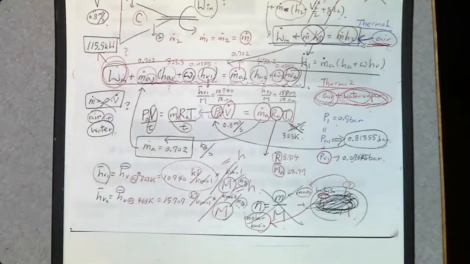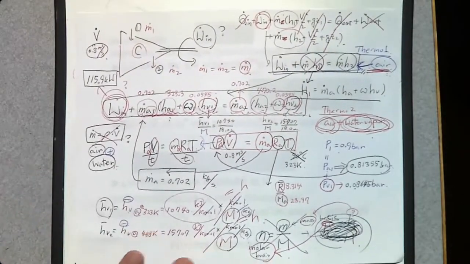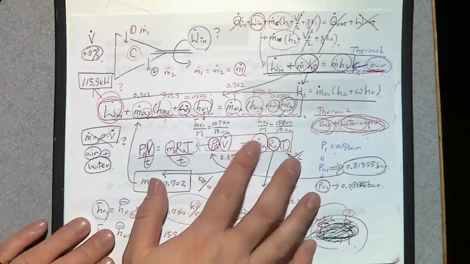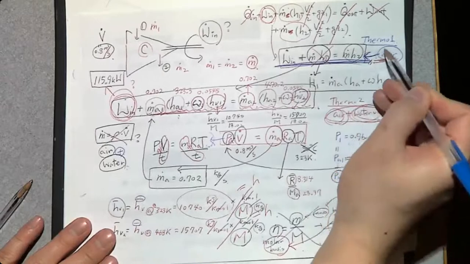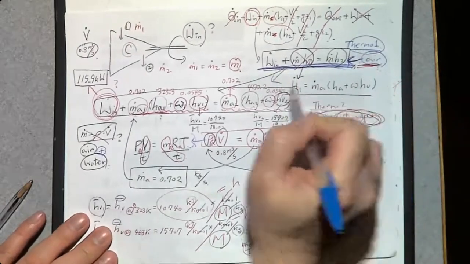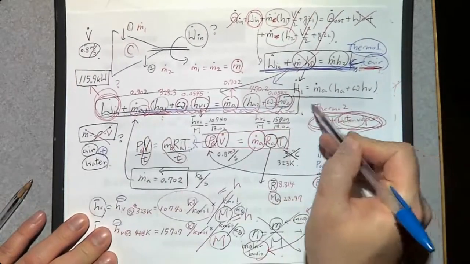However, you need to practice these problems as many times as you can so that you can understand how you convert between the two approaches, mass basis and molar basis. And also you need to be able to convert this energy balance equation that we used in thermo 1 to this energy balance equation that is in thermo 2.